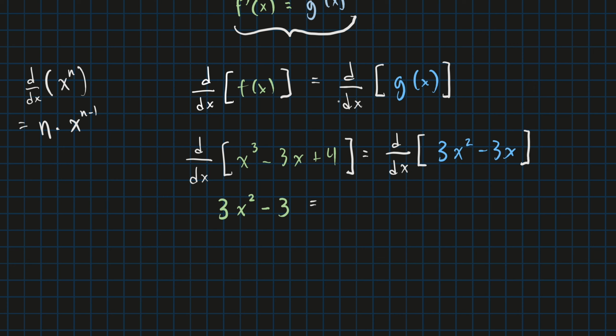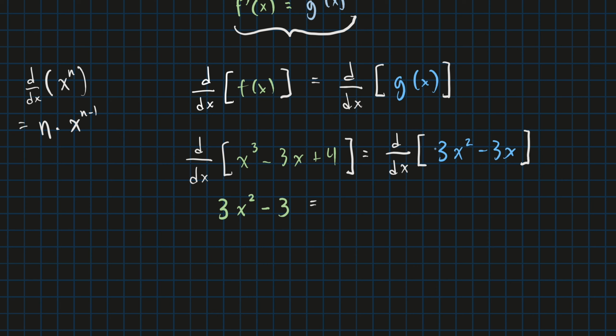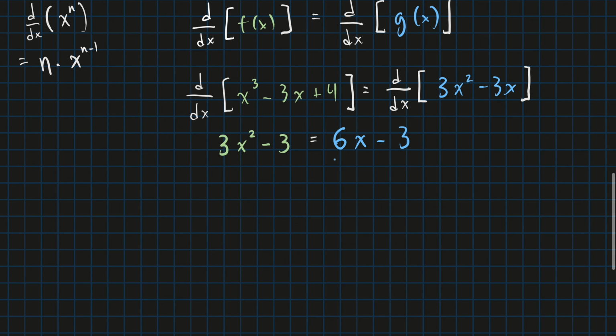And that is equal to, let's use our power rule again. Take this 2, multiply it by the 3, you get 6x because we decremented this 2. And here, just do negative 3. Alright, so now we have a quadratic. If you don't see that quadratic yet, let's move everything over to one side.